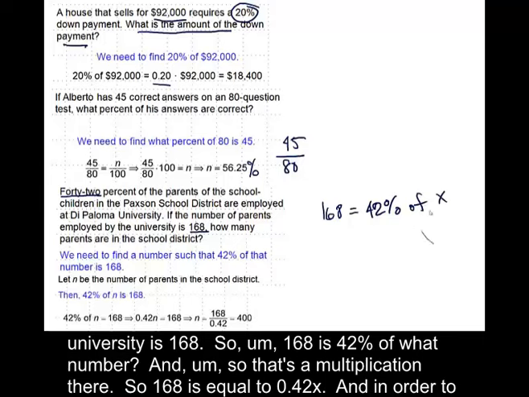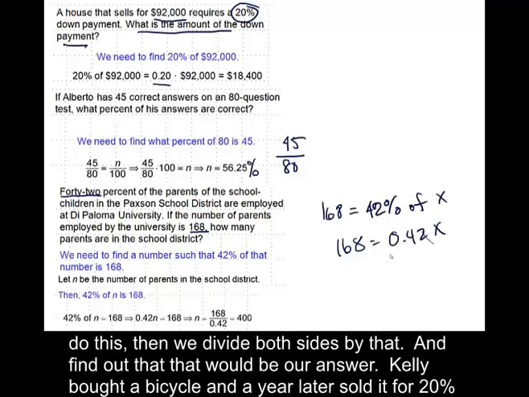And so that's a multiplication there. So 168 is equal to 0.42x. And in order to do this, we divide both sides by that and find out that that would be our answer.